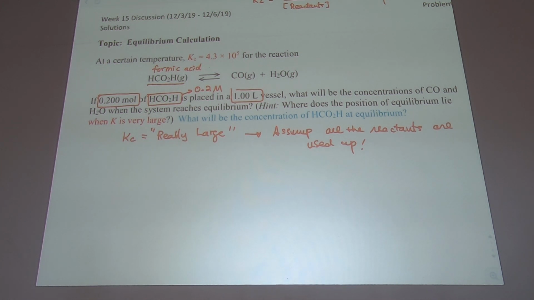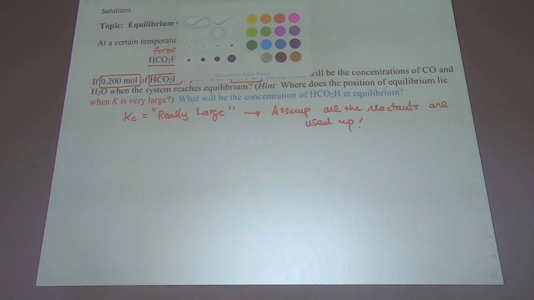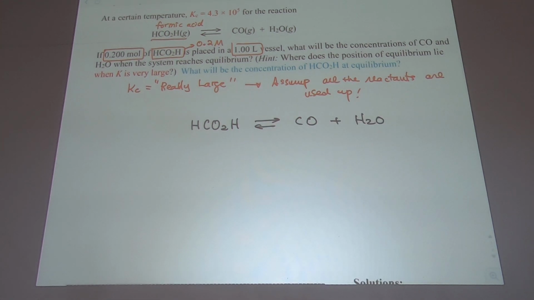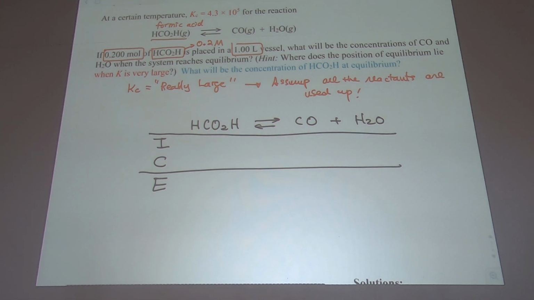So I am going to write this equation, HCO2H going back and forth to CO. This always comes in handy to redefine what will be my initial, what will be my change, and what will be my equilibrium. I like to draw this line. And among all these, the most important one is obviously the equilibrium.